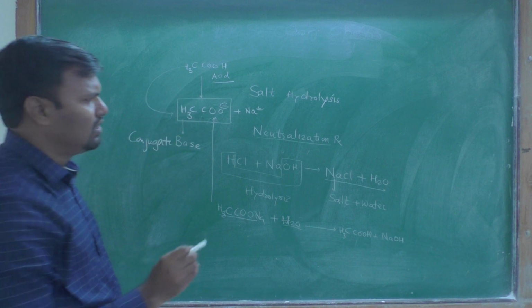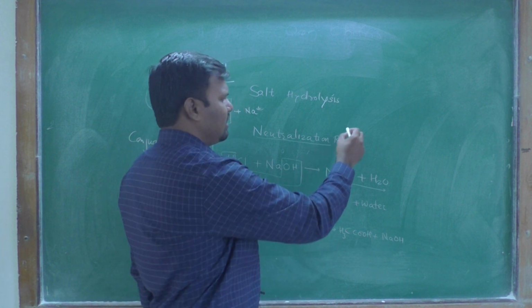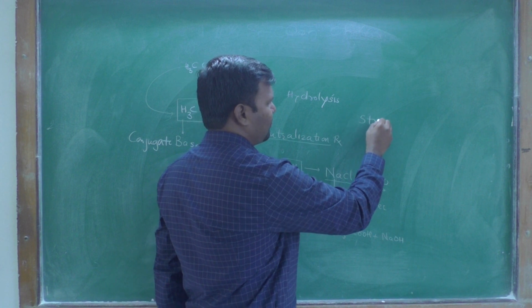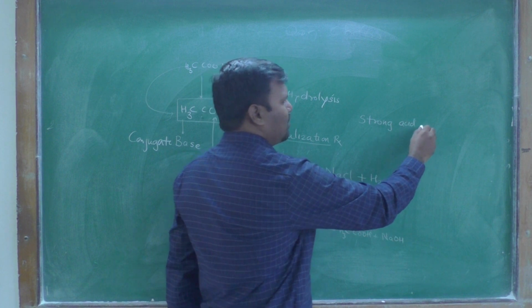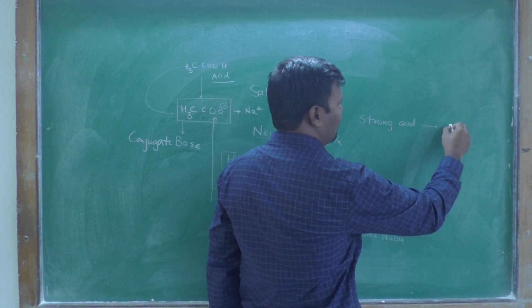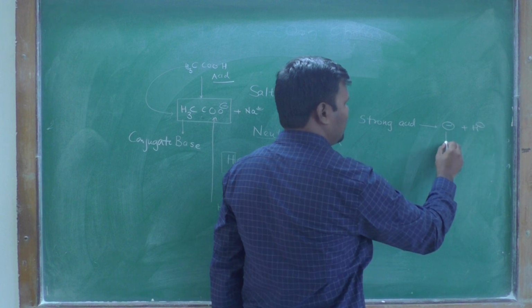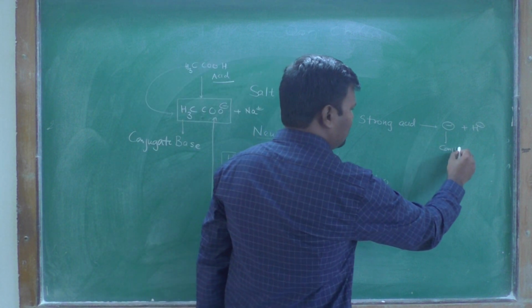Okay, one thing we need to know: when a strong acid loses H plus ions it gives the negative species, that is the conjugate base.